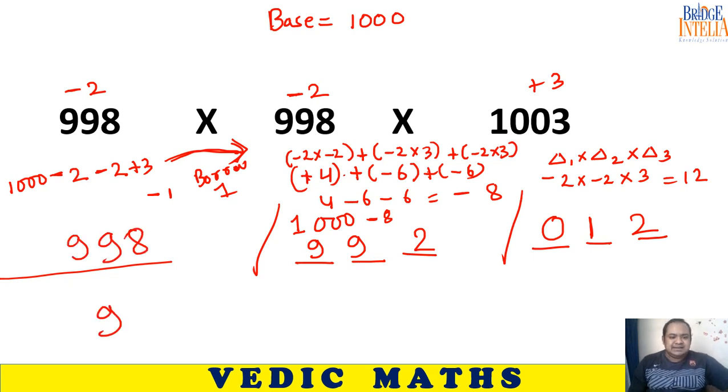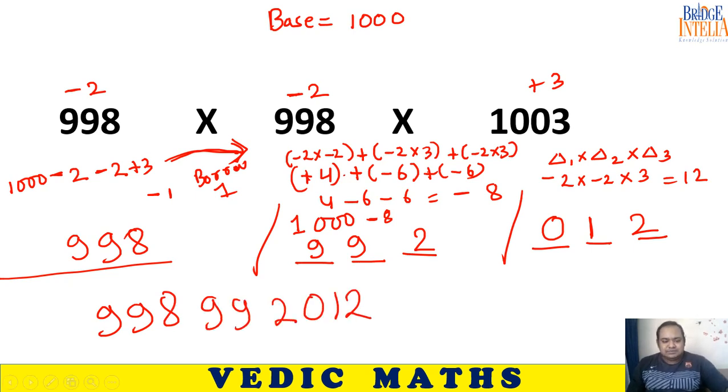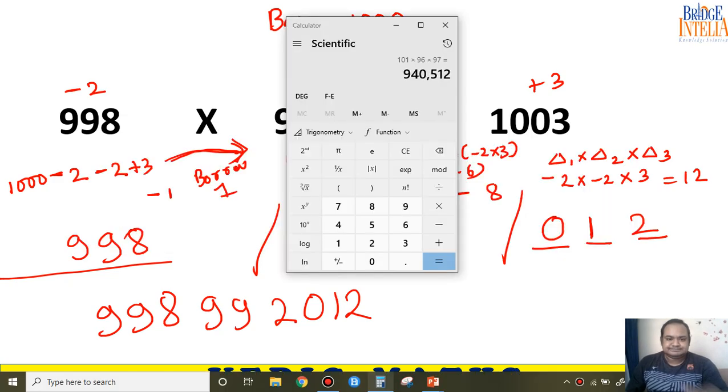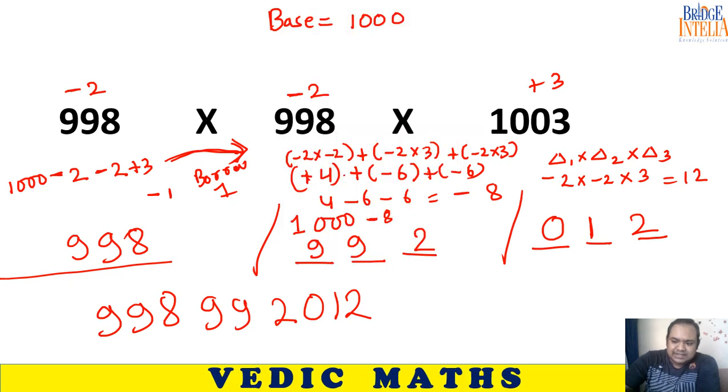So the final answer is ready: 998, 992, 012. If you want, you can verify. 998 multiplied with 998 multiplied with 1003. So 998, 992, 012. So the answer matches.